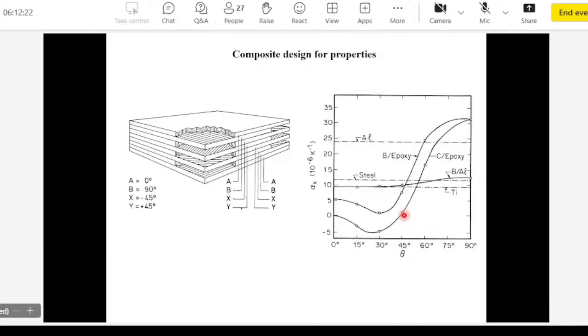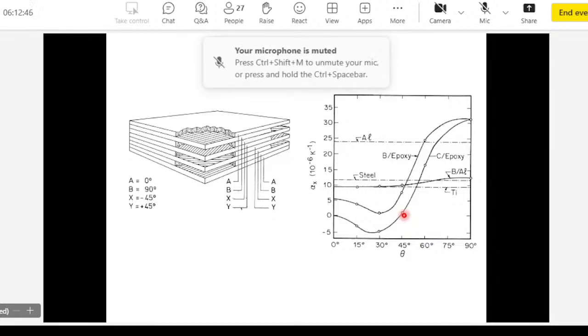Some of these are fibers. Similarly, a picture of parts made of graphite fiber.